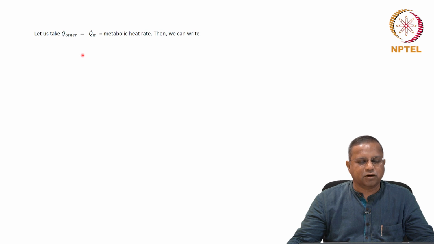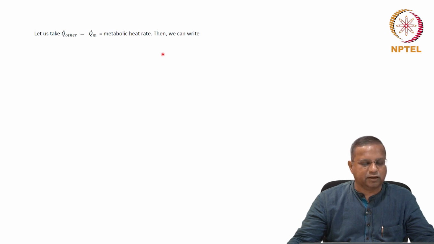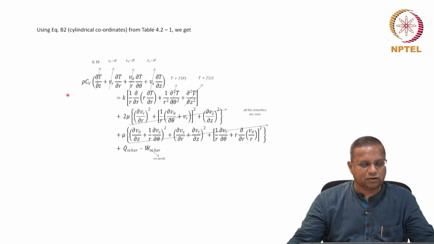We have brought it down to the terms that are relevant to us. Q dot other is Qm dot, the metabolic heat rate that I already mentioned. Therefore, all these have gone to 0. This term remains, of course.